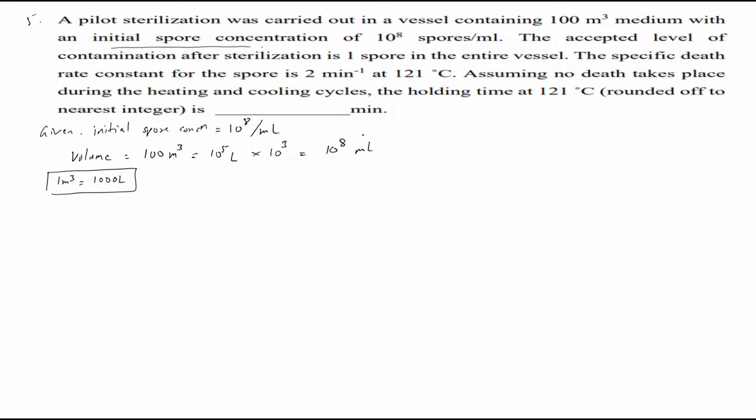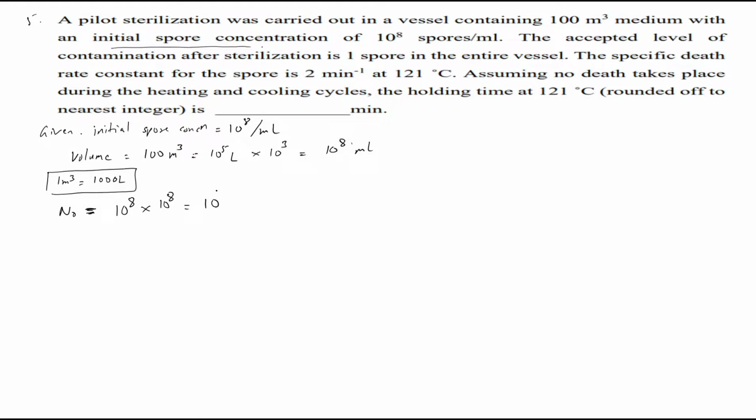If we want to calculate the initial number of spores, we can use that. In 1 ml, there are 10 to the power 8 spores, and the total volume is 10 to the power 8 ml.